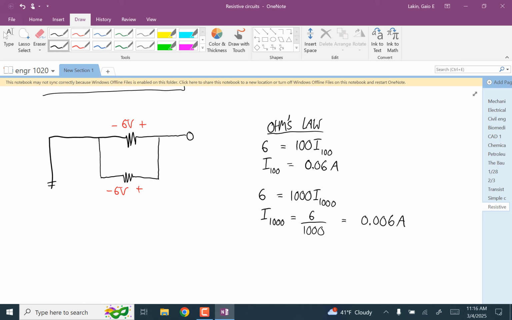Okay, and so now we know that the current is going to go this way through this resistor, and the current there is 0.06 amps, and it's going to go this way through this resistor, and that current is 0.006 amps.